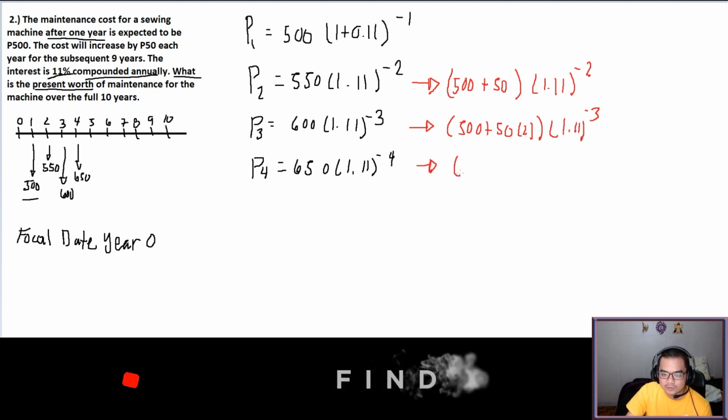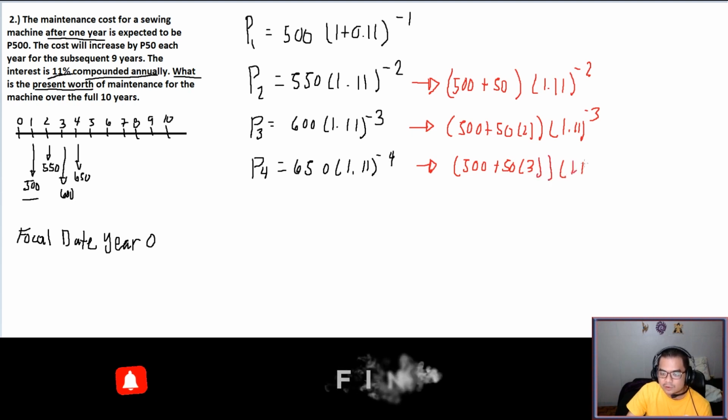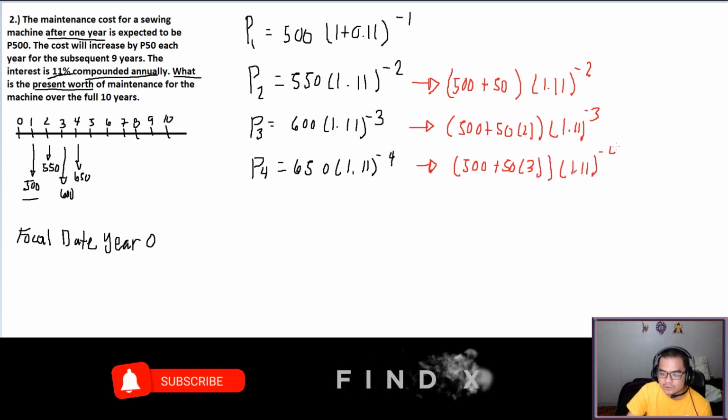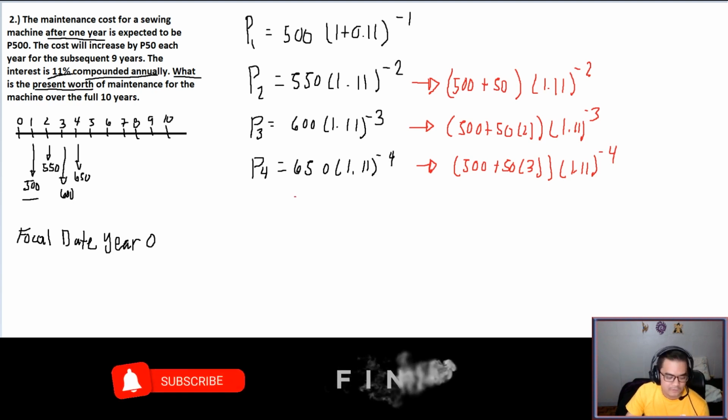And then this is equal to 500 plus 50 times 3, times 1.11 raised to negative 4. So from that, as you can see, there's another pattern or formula.